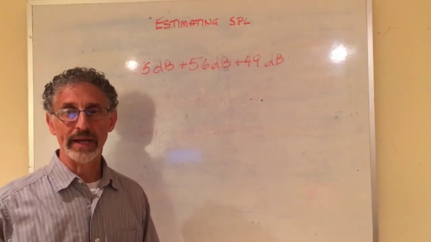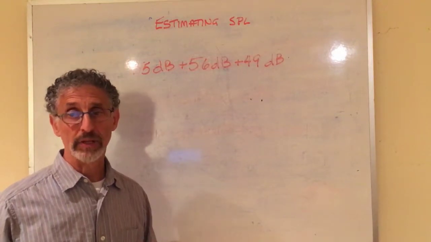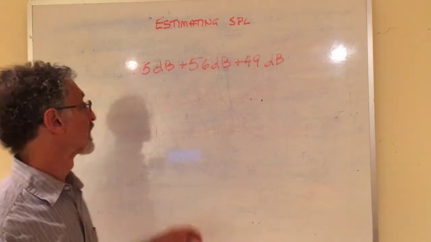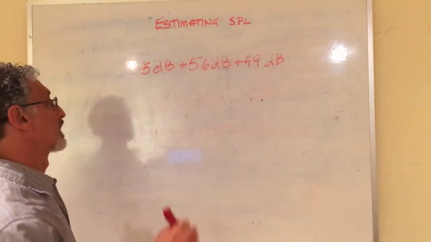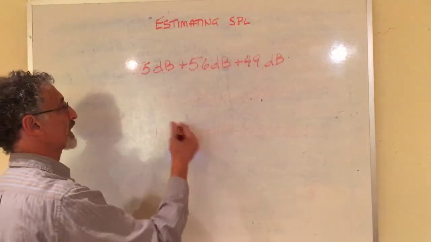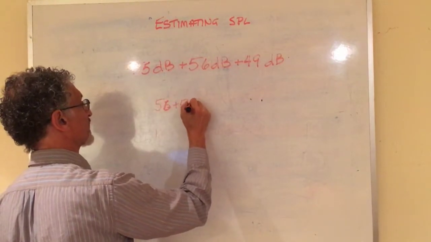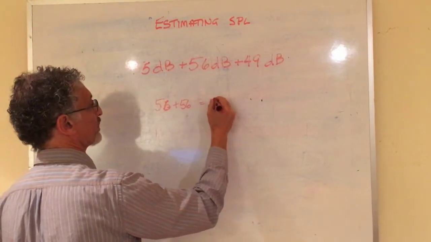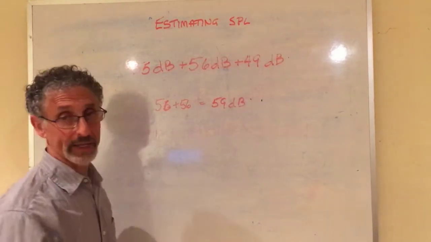So let's estimate 55 dB plus 56 dB plus 49 dB. 55 and 56 are almost the same. So if they were both 56, we know that 56 plus 56 would be 59 dB because we're doubling.